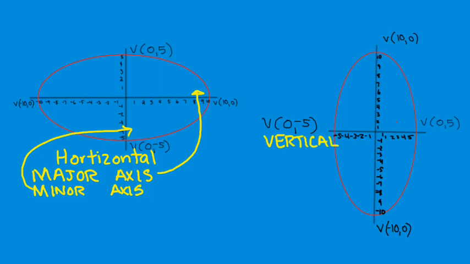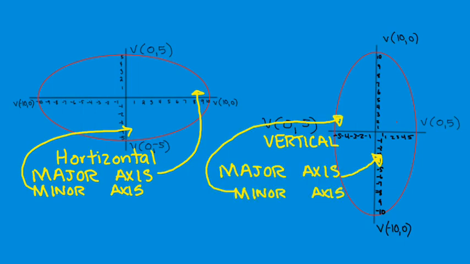The minor axis is the y-axis for the horizontal ellipse because it does not have any foci on it. On the vertical one, our major axis is the y-axis because that is the axis with our foci on it, and the minor axis is the x-axis because it does not have any foci on it.